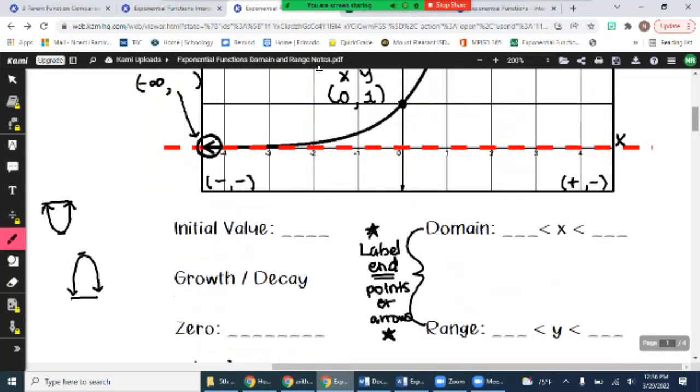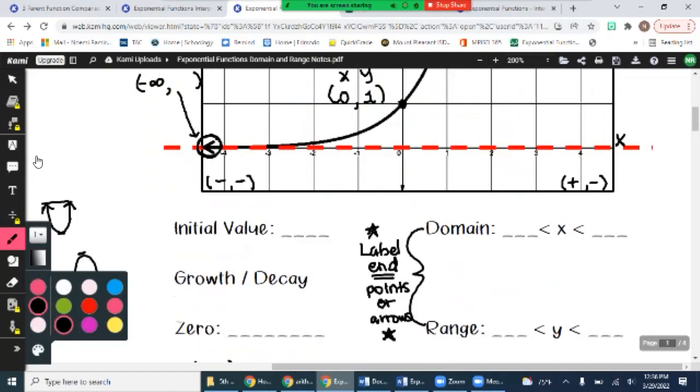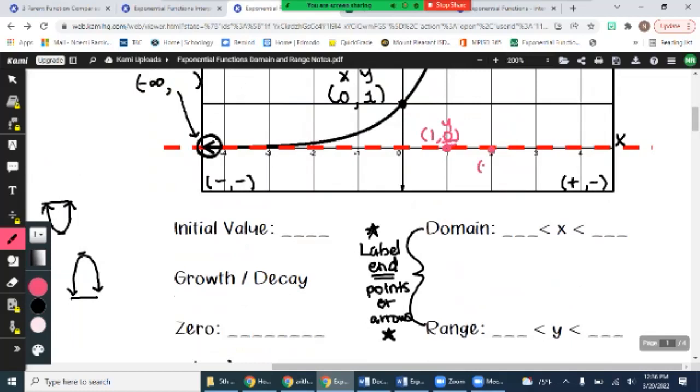If it's going towards the x-axis, let's put some points here on my x-axis on the other side. What is the ordered pair for this point right here? 1, 0. Where my Y value is 0. What about this one right here? 2, 0. Where my Y value is 0.